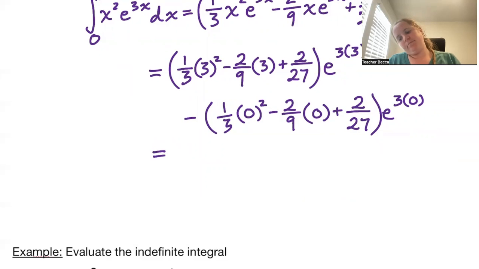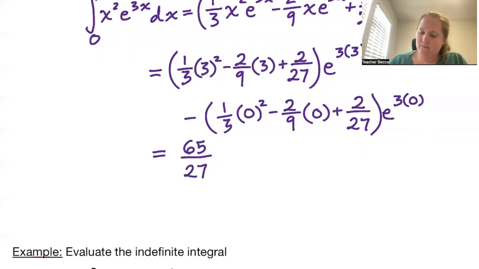81/27 minus 18/27 plus 2/27. So 81/27 minus 18/27 would be 63/27 plus 2/27, times e to the 9th, minus the other part, we're just left with 2/27 times 1, or just 2/27.